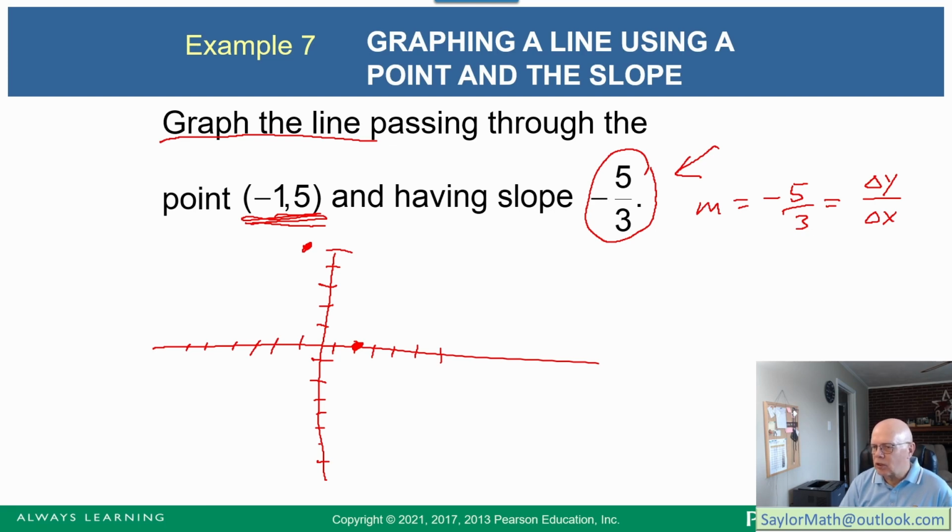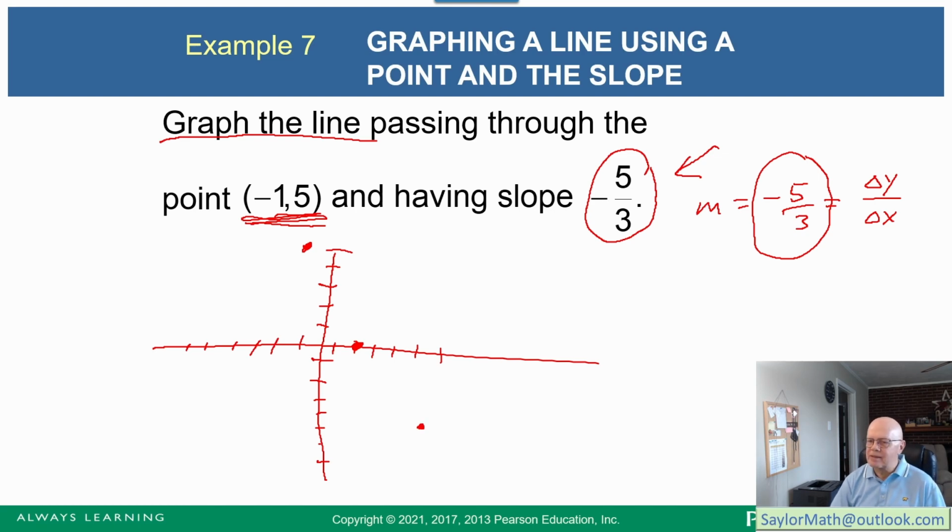We could graph this right now, but let's be a little bit more careful. Let's do this again. We're going to go from this next point, and go -5 in the y direction, 1, 2, 3, 4, 5, and then +3 in the x direction, and there's another point.